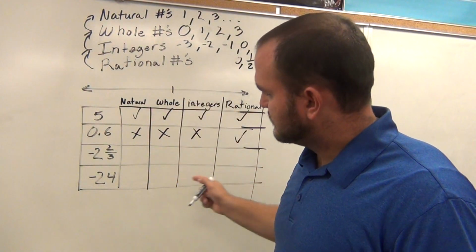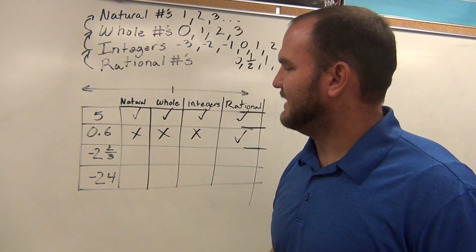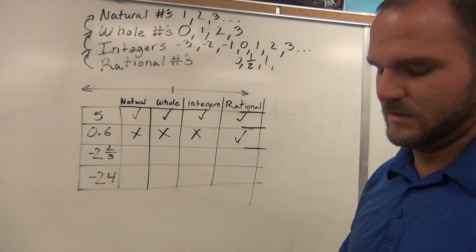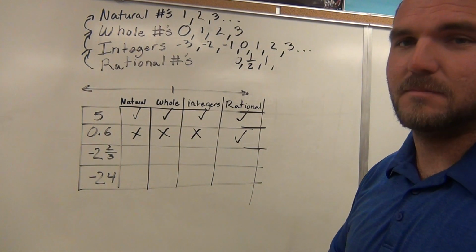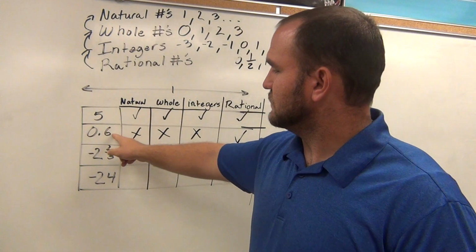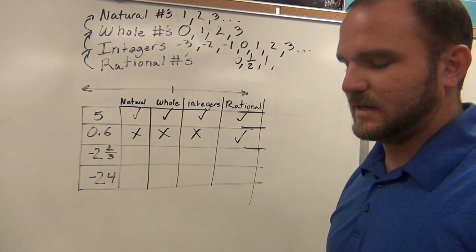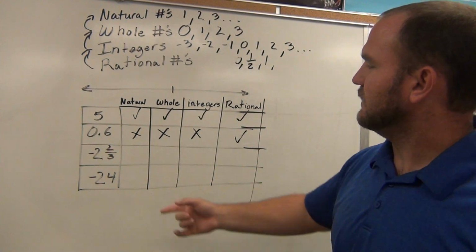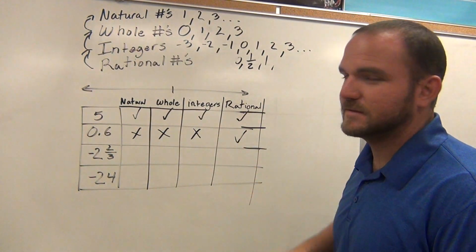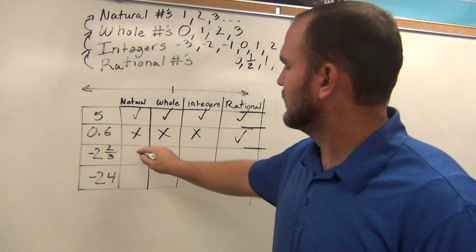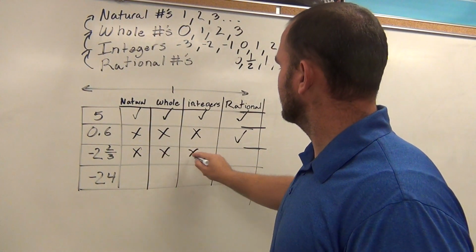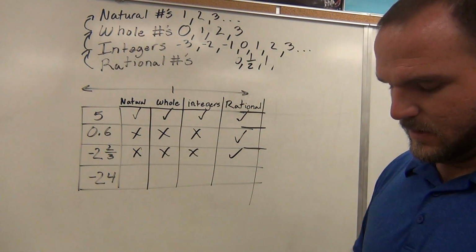So going back, once again, now we have a -2 2/3. Fractions and decimals are the same thing. We just did a decimal, and now this is a fraction. Basically wanted to give you guys a look at that, but it would fall into the same category as the one above it. No, no, no, and yes.